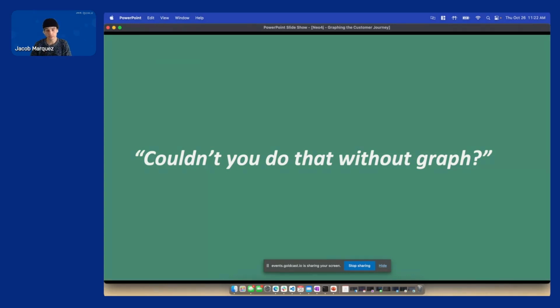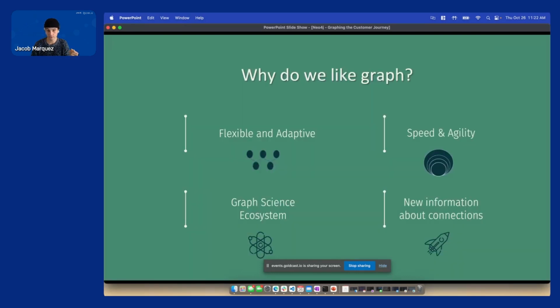But there is this trade-off that you have in terms of efficiency. How dynamic can you be with the questions that you're asking and trying to get answers for? And a graph is very well suited to achieve both of those things, especially at a hyper scale. Once you start talking about a lot of data, billions of nodes, a lot of different combinations of customer journeys and what have you.